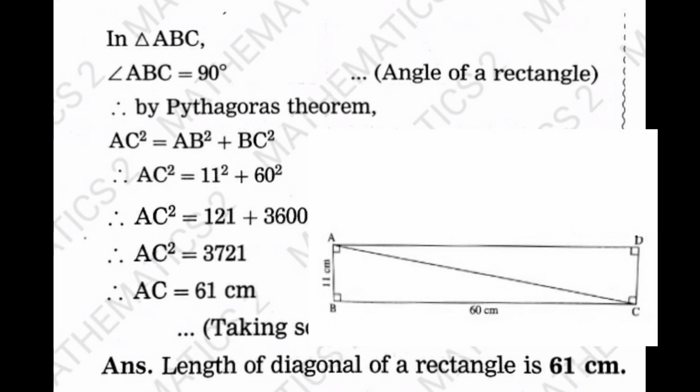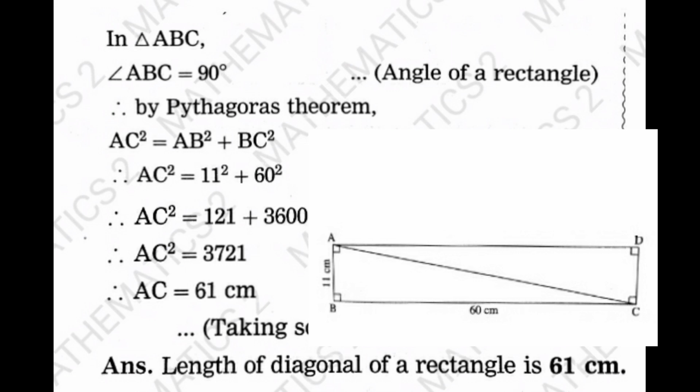So I will consider triangle ABC. In triangle ABC, angle ABC is 90 degrees. By Pythagoras theorem, AC square is equal to AB square plus BC square. Substituting the values, AC square is equal to 11 square plus 60 square.